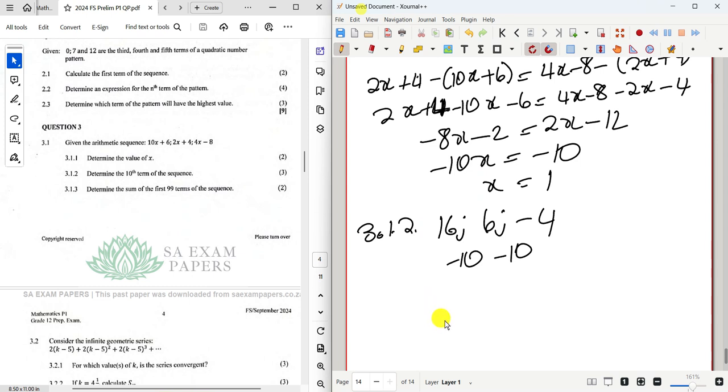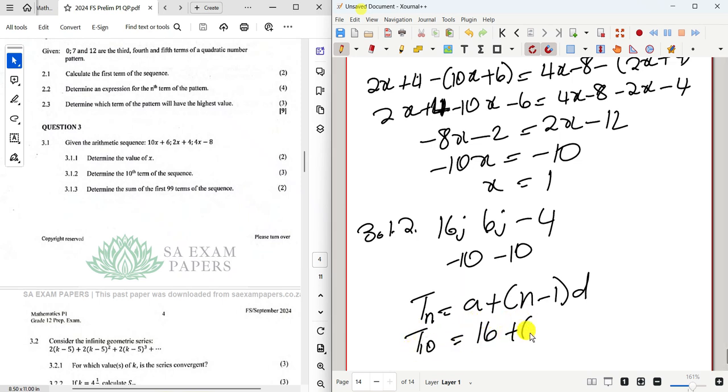So then they say we need the 10th term. So we're simply going to say t sub n is equal to a plus (n minus 1) times d. And then this is t10. A was 16, 10 minus 1, and d was negative 10.